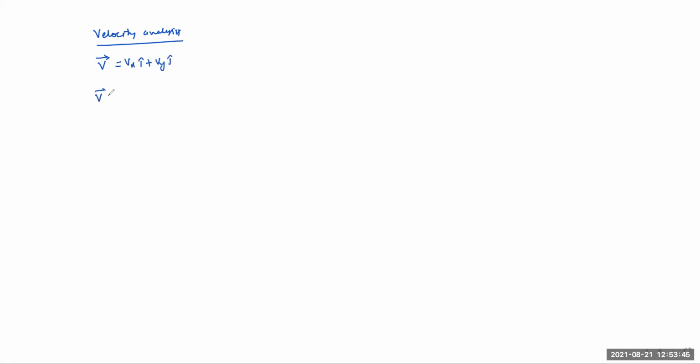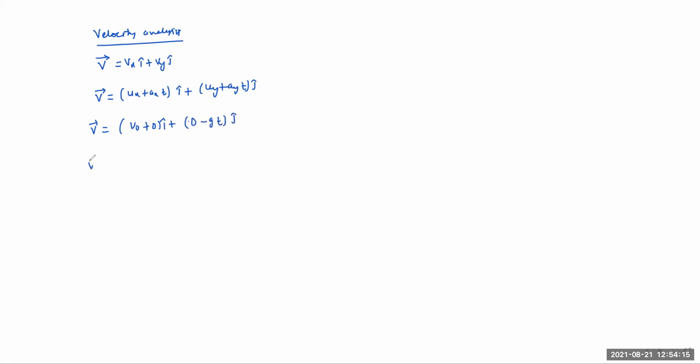And then we apply the kinematical equation for each component separately. So v we can write as ux plus axt i cap, uy plus ayt j cap. And then we just substitute the values: v naught plus 0 i cap, 0 minus gt j cap.